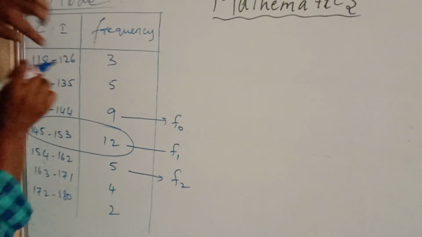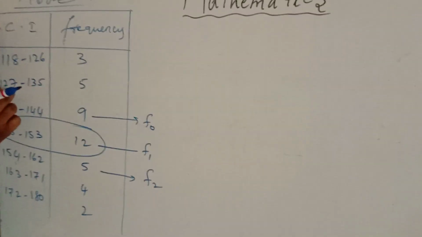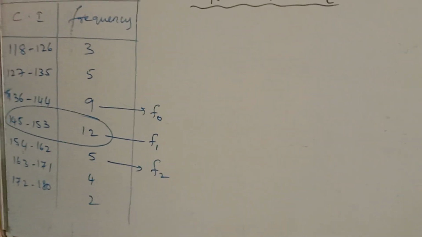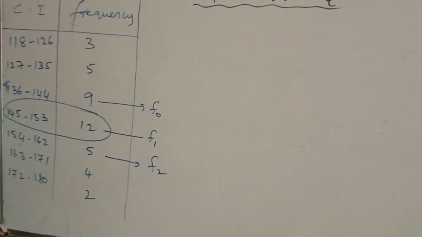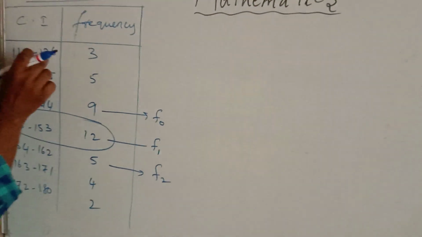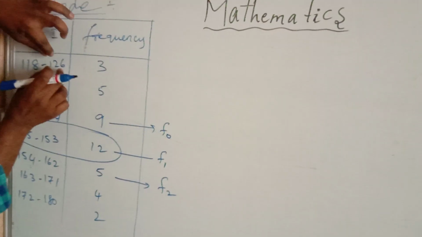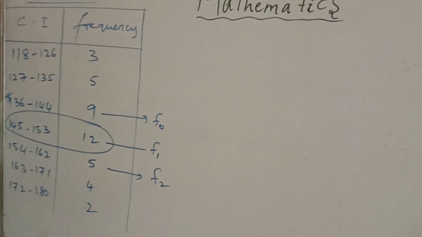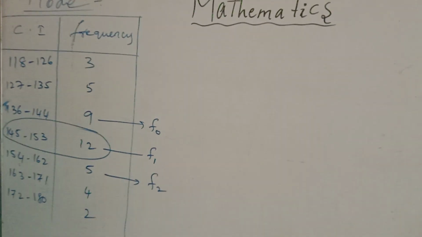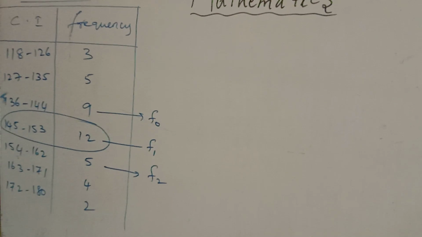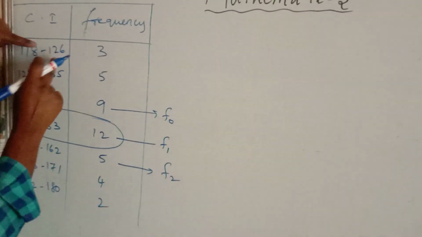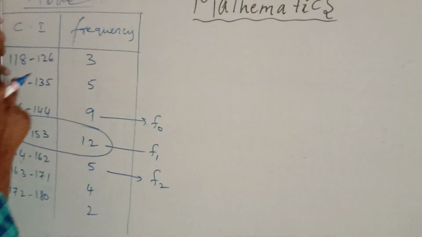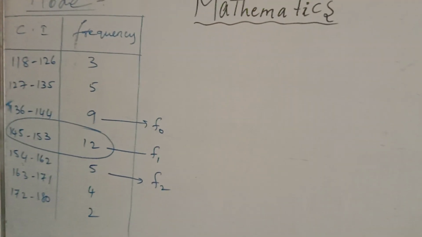If the upper boundary is not repeating in the next class interval, those are called inclusive classes. If the upper boundary is repeating as the lower boundary of the next class interval, such classes are called exclusive classes.